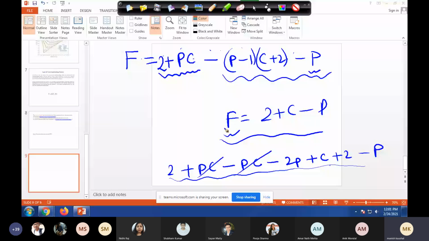Sir, I think the variable should be PC plus 2P. Why so? Because for temperature and pressure, P phases are considered. No. But that we counted in relations, right? We are saying 2P. But in variables, yeah, here it will be treated as unknown. Okay. I think you're right. So 2P we have to take. 2P should be there.